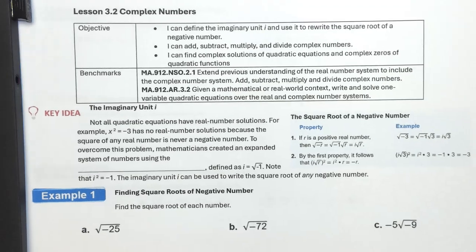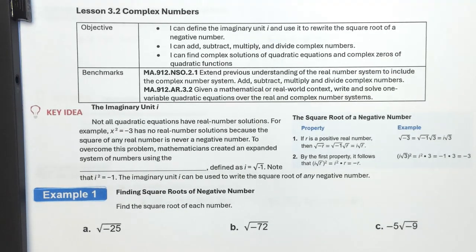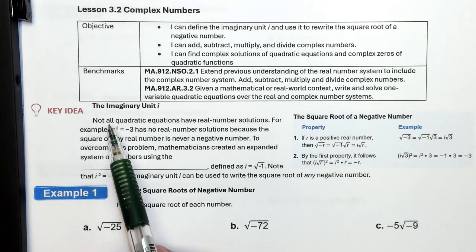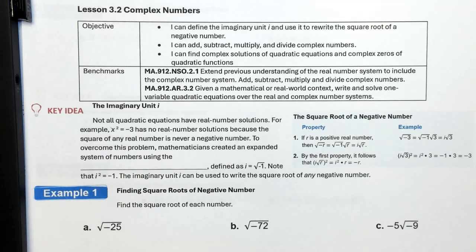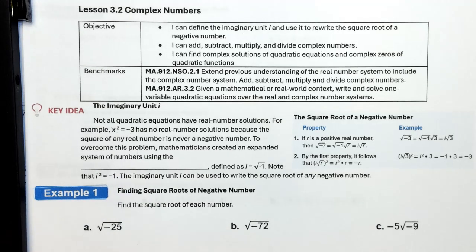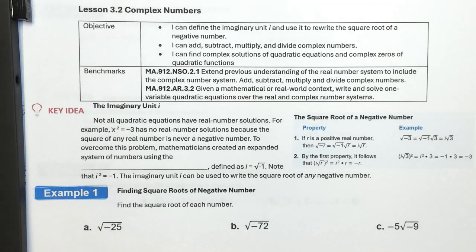So let's talk about this imaginary unit i, because this is something you haven't learned before. What does it mean? Not all quadratic equations have real number solutions. For example, x squared equals -3 has no real number solutions because the square of any real number is never a negative number.